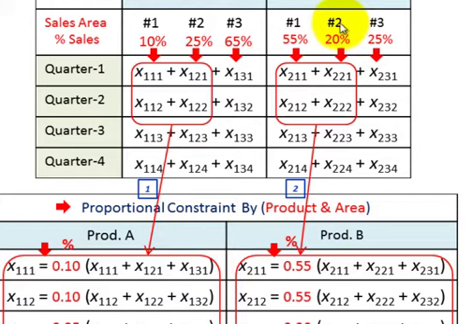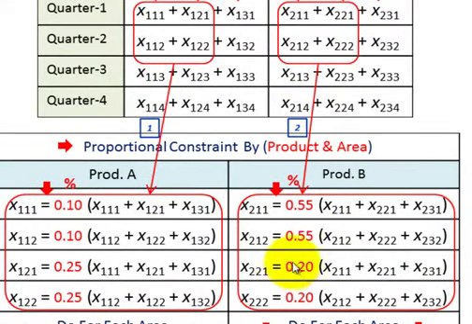That falls under 25% for sales area 2, and that's for quarter 1. Same pattern here. Move down, X221, 20% or 0.20, times that entire row that X211 is sitting in.